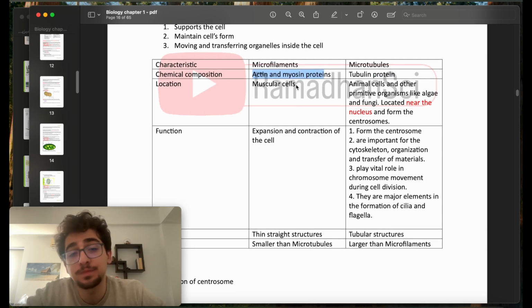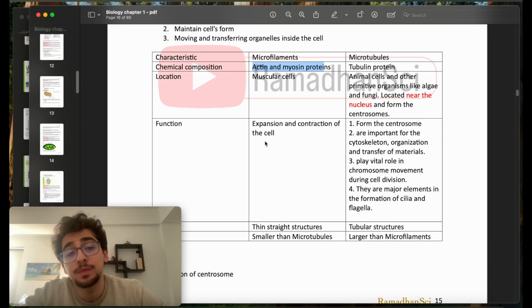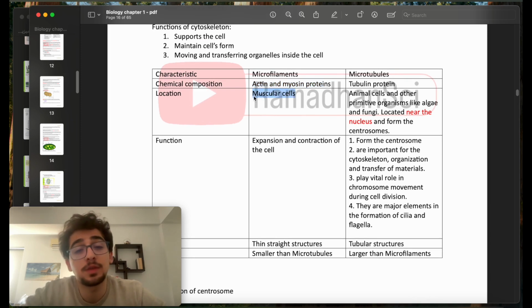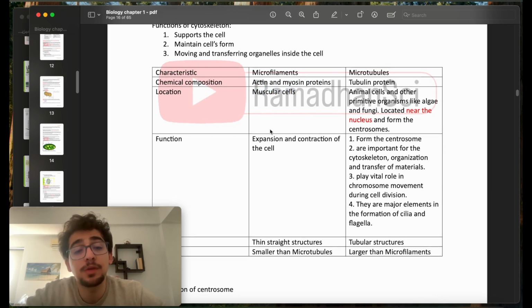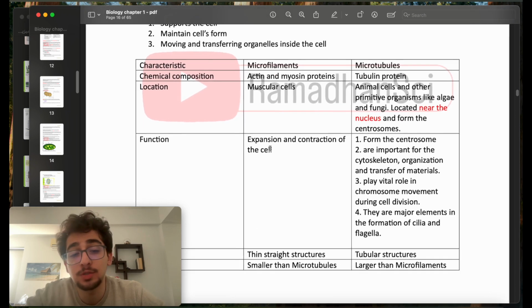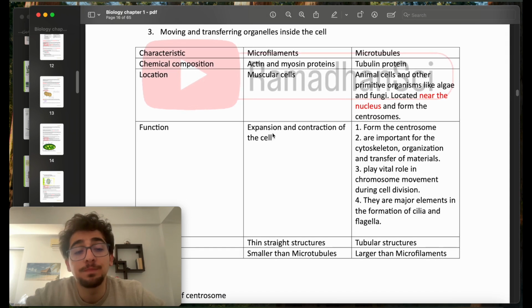The function is, let's talk about location actually. The location is usually in muscular cells, okay, because they're going to help the contraction of the muscles, okay? We can move our muscles due to the contractions that is performed by the microfilaments, the actin and myosin proteins.